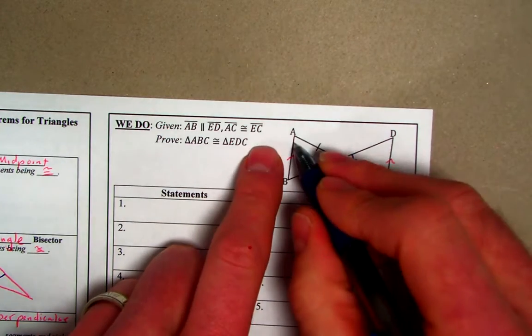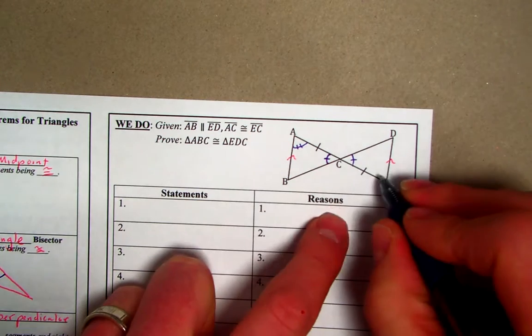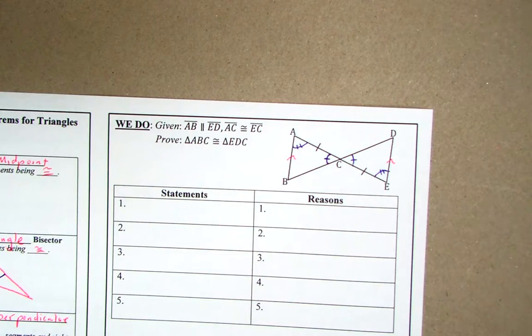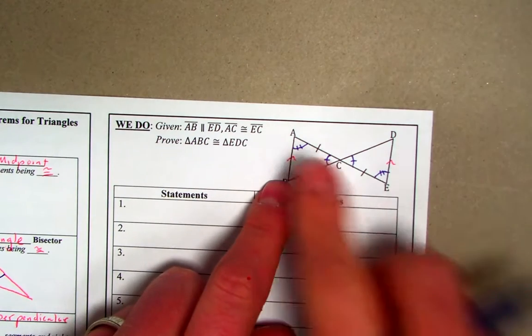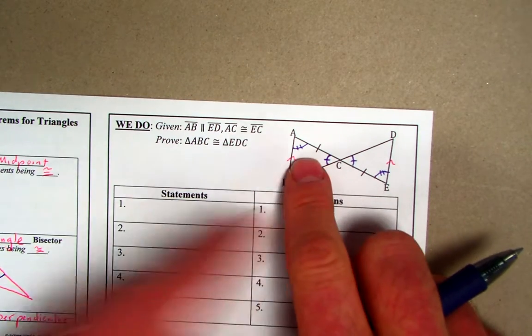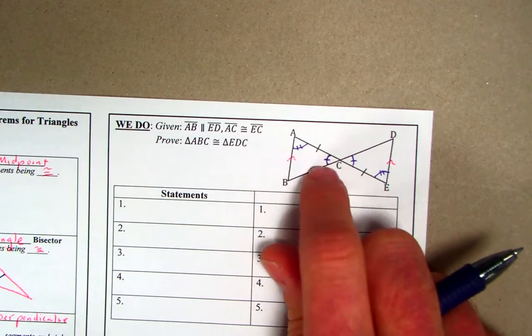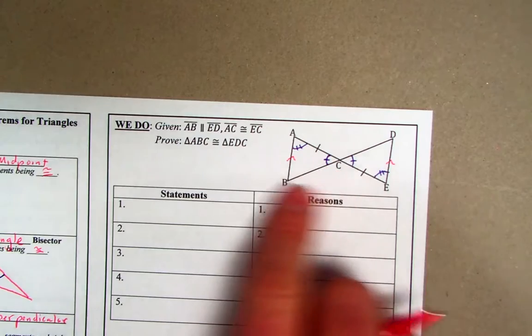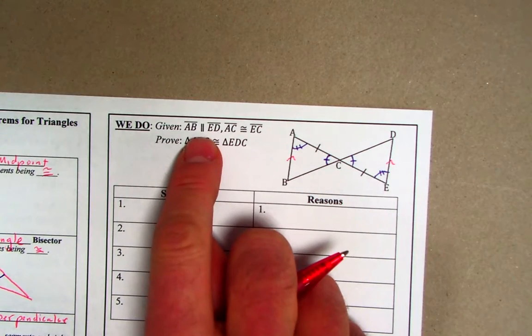But we know that angle A is congruent to angle E by the alternate interior angle theorem. And from there, it should kind of jump out at you that we've got two angles and an included side. So we can use the angle side angle method. Okay, and all that information started from the given information.